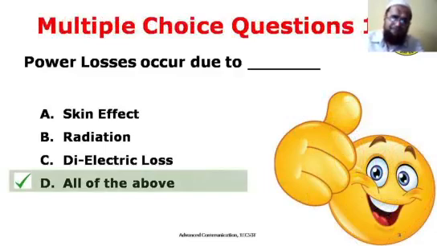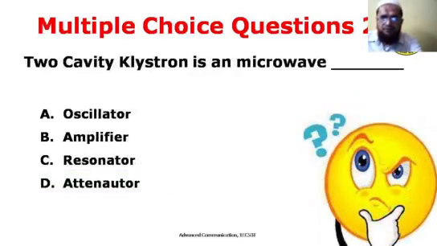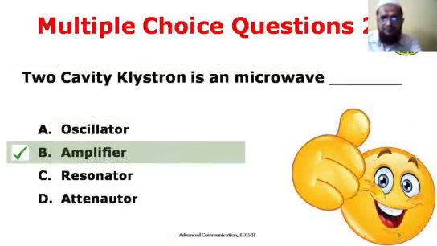All of the above. I discussed the same in this session. We have all three kinds of losses in microwave devices. A two cavity klystron is a microwave amplifier. Absolutely.